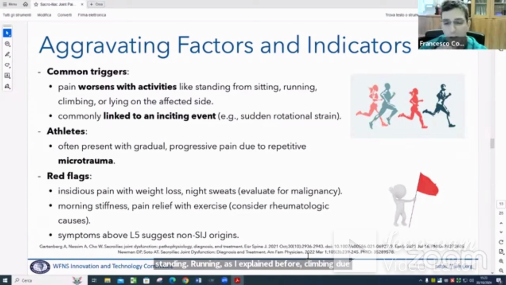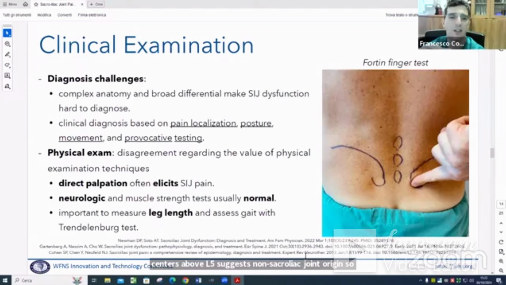It is quite common in athletes due to micro trauma. Red flags are insidious pain with weight loss and night sweats, morning stiffness, and pain relief with exercise, and symptoms above L5 suggest a non-sacroiliac joint origin. So this aspect must be considered in order to think about other causes.